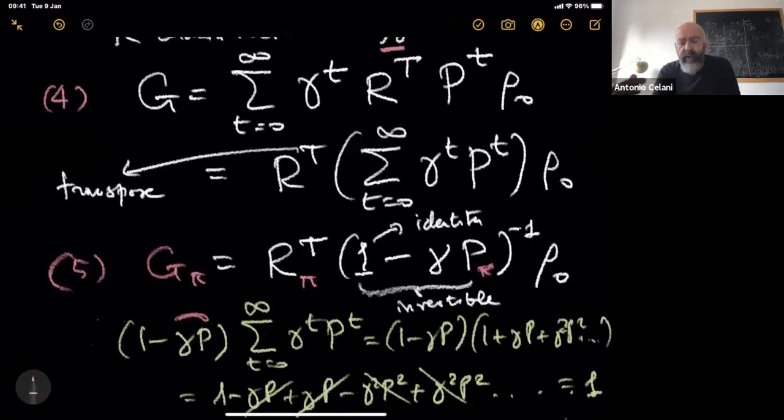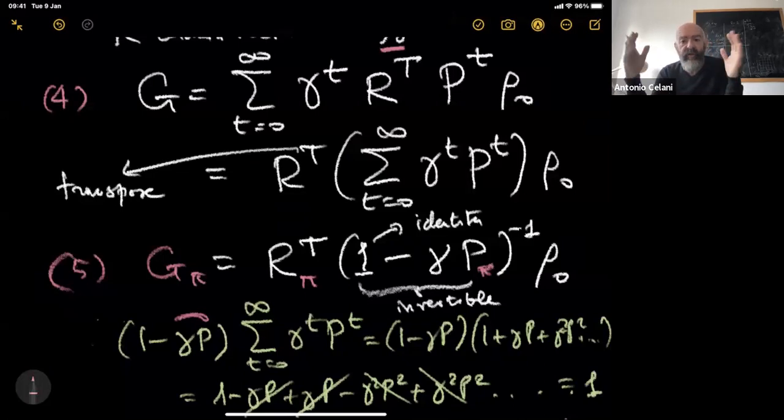So if you work out explicitly with a symbolic manipulator like Mathematica or MATLAB, whatever you like, Octave, just for the 2 states 2 actions problem, you will see that there will be pi's at the numerator and at the denominator. So already with a very simple 2 states 2 actions, you see a nonlinearity which is not obvious.